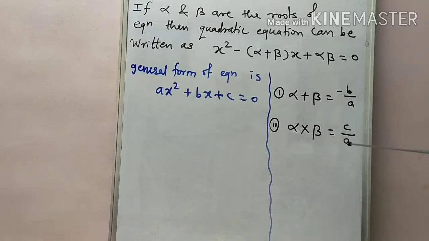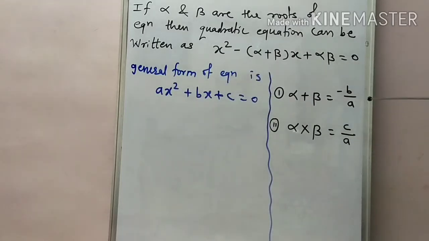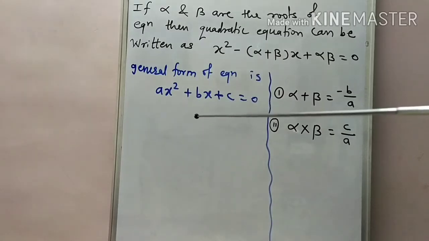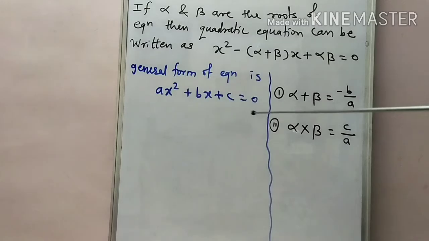So what we do here, students, as you observe these terms minus b upon a and c upon a, we try to get these terms in this equation, and for that we divide both sides by coefficient a.